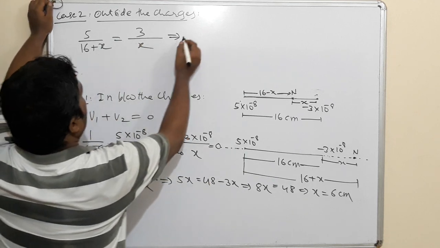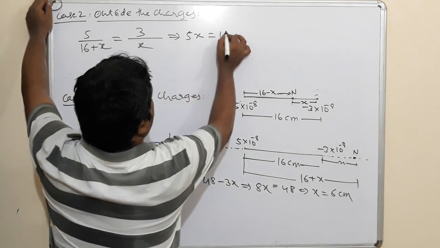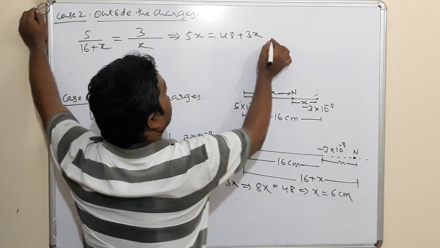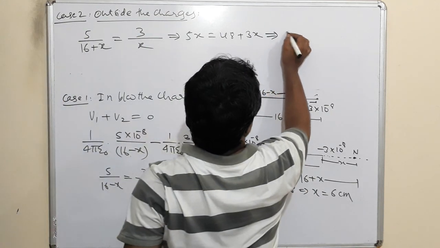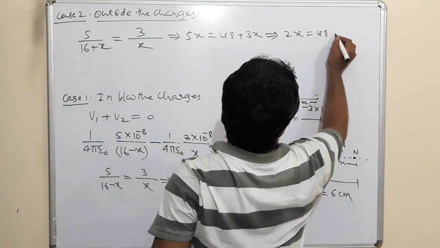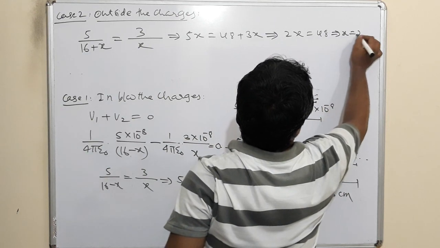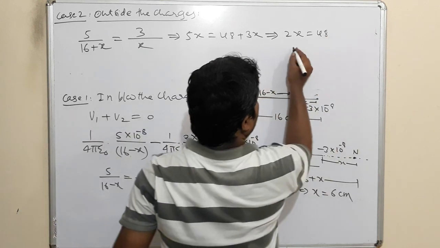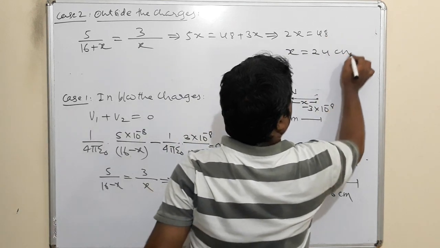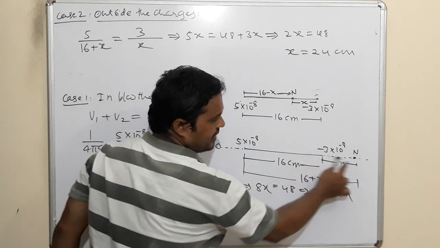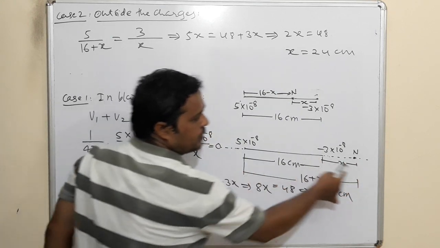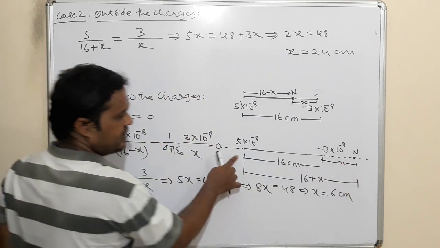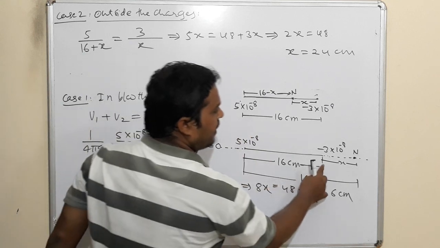Then 5x is equal to 16 into 3, which is 48 plus 3x, which implies that 2x is equal to 48, so x is equal to 24 centimeter. From this charge it is at 24 centimeter. From the other charge it will be at 40 centimeter, 16 plus 24.